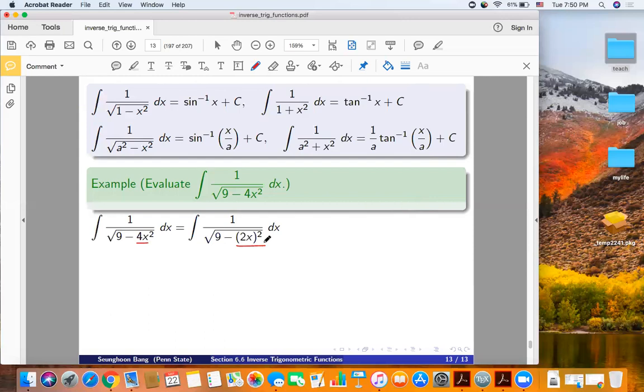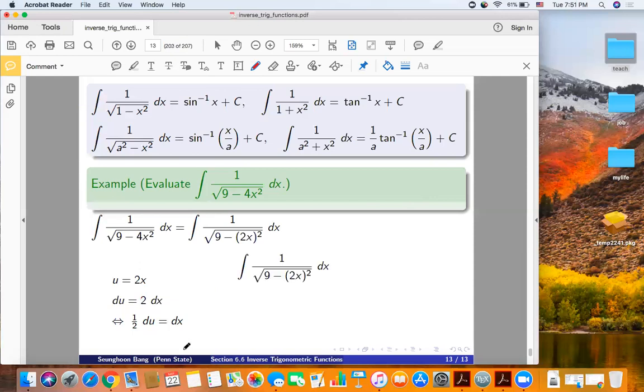Next, you have to use u substitution. u is the inner function 2x. du is 2x prime dx, and 2x prime is 2, so du is 2 dx. Next, divide by 2, so we have 1/2 du equals dx.